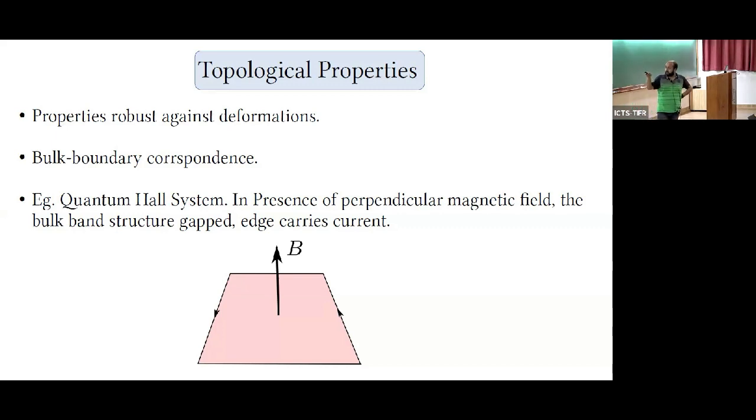We call that the edge current, and the number of edge modes and the charge they carry is quantized. This is one of the simplest examples of a topological property, and how many edge modes propagate depends on where one puts the chemical potential.